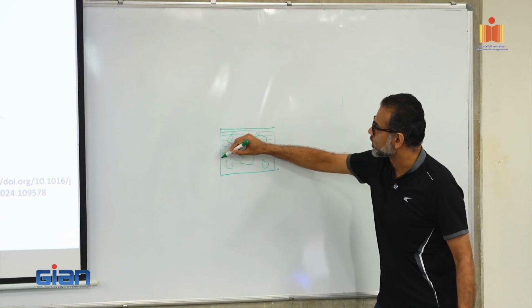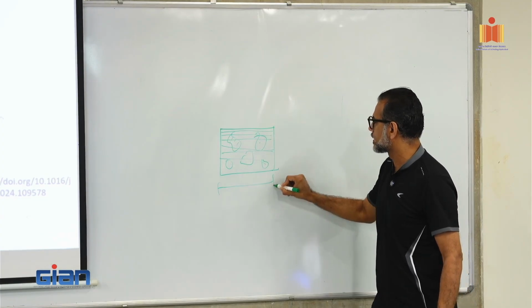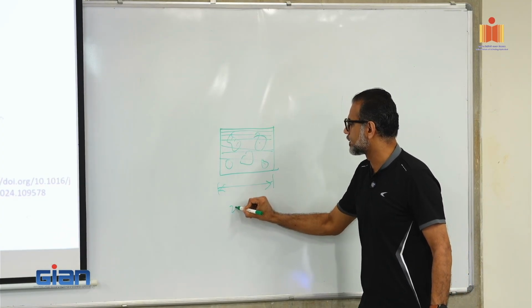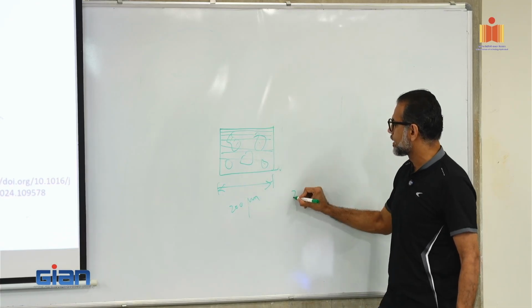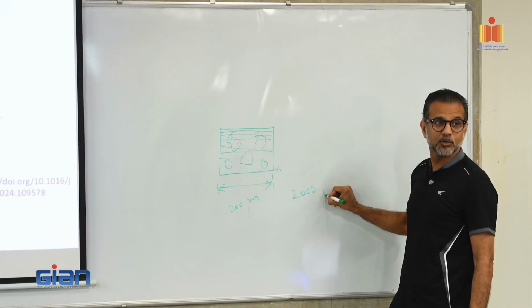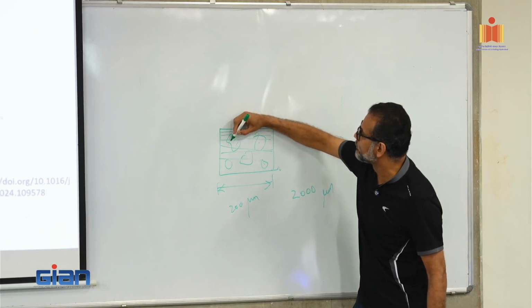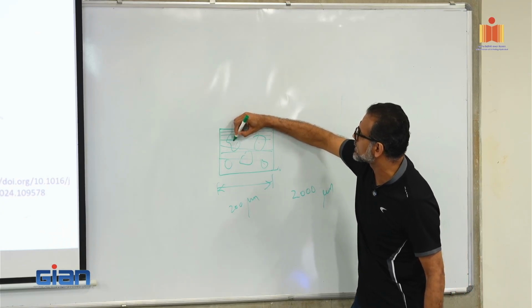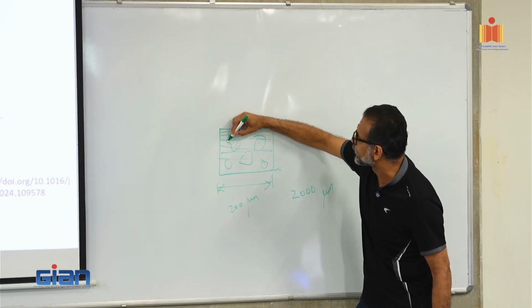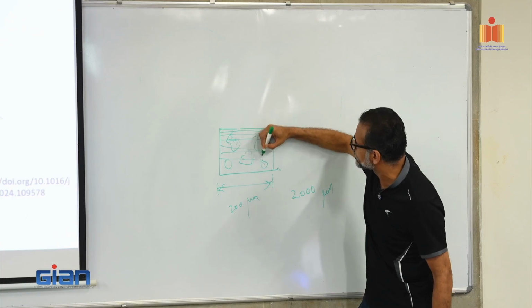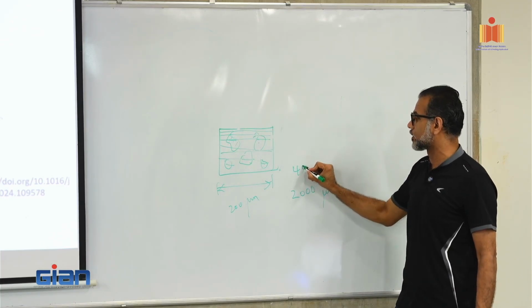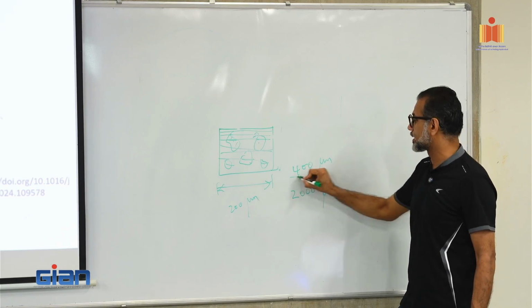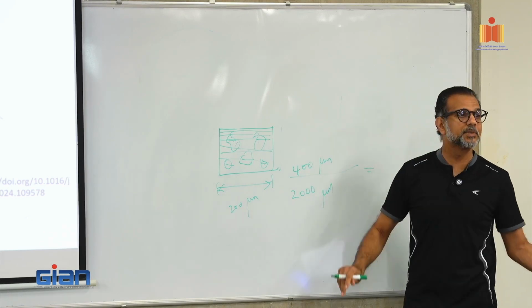So if this image is, say, 200 microns, and I drew 10 lines, my total length of lines is 2000 microns. Then I simply measure the distance that is in between these pores, this plus this plus this plus this in all the lines. Say that is 400 microns. I say my porosity is 400 by 2000, 20%.